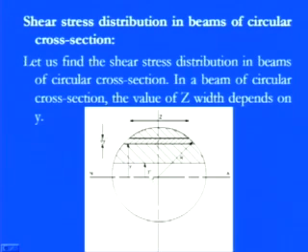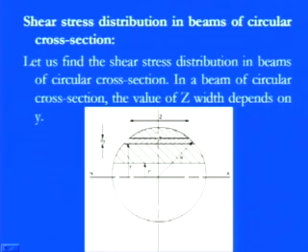So it varies from y1, the minimum, to R, the maximum. The dimensional values are quite clear: we are concerned with the portion which has the minimum distance y1 from the neutral axis, and the maximum is capital R, the radius at the extreme end.